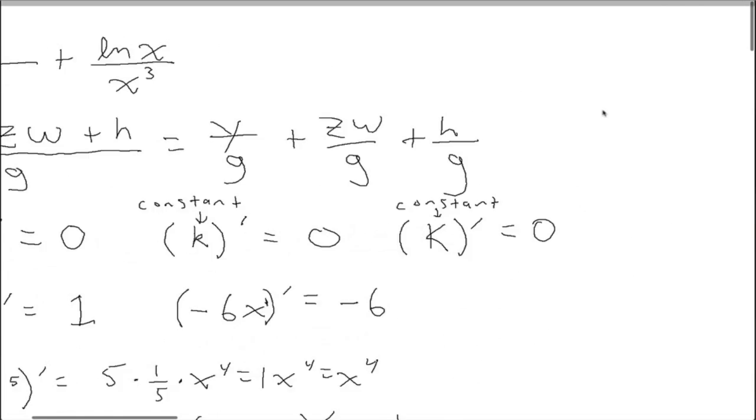Okay. So what we're going to do now is start to make a kind of a table.